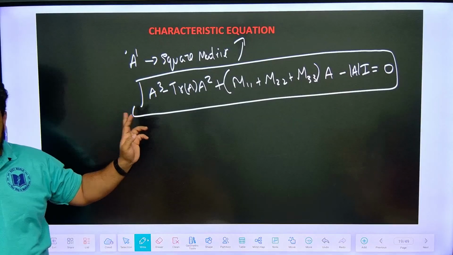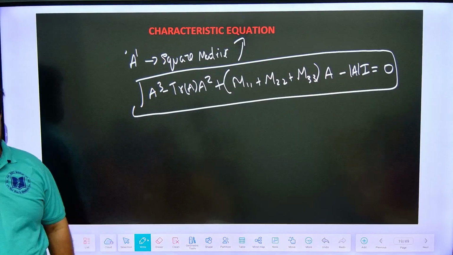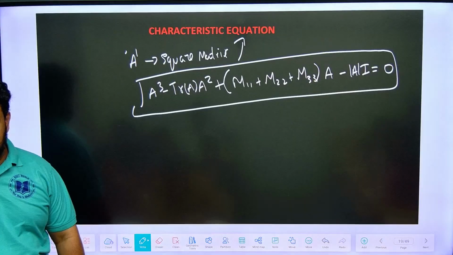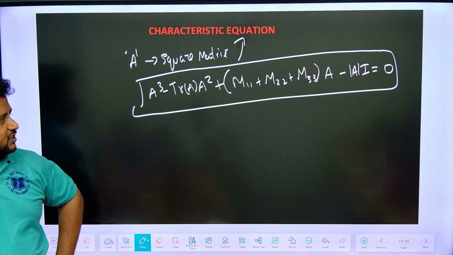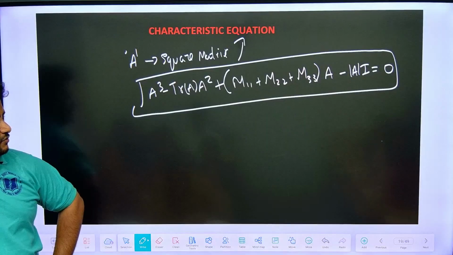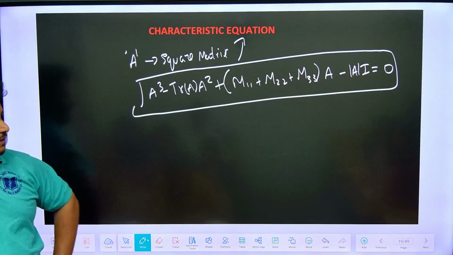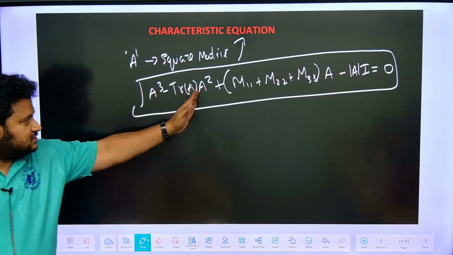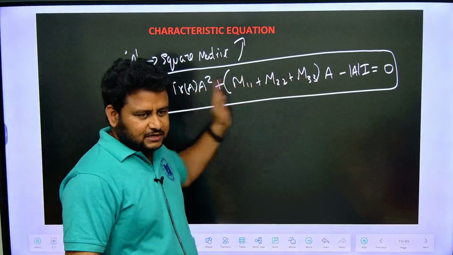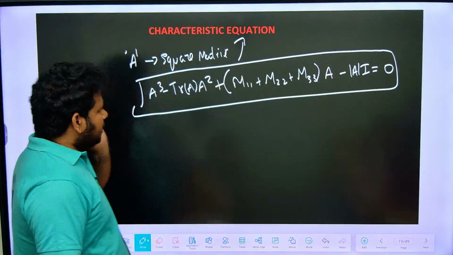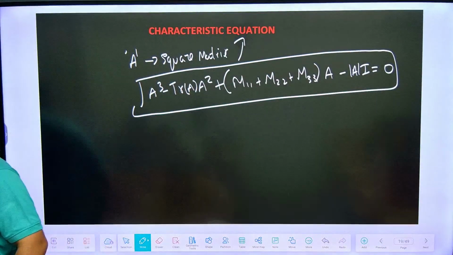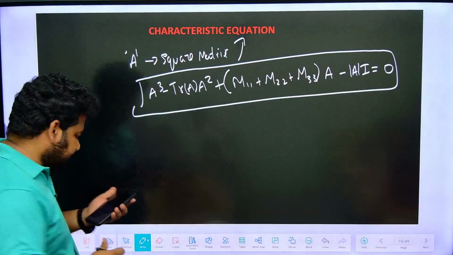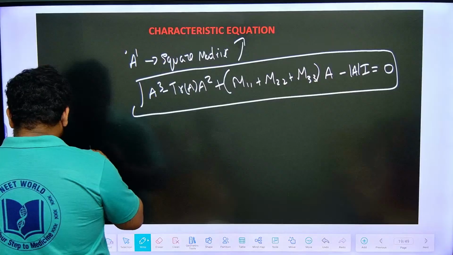A cube minus trace of A into A square, plus minors M11, M22, M33 into A, then comes minus det of A into I, so the signs alternate plus and minus. Now let us take a matrix and find the characteristic equation for that matrix.